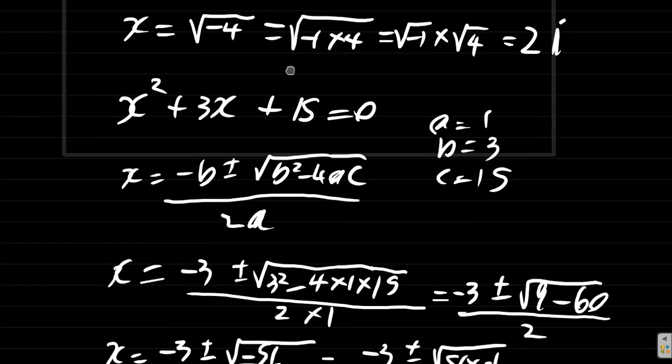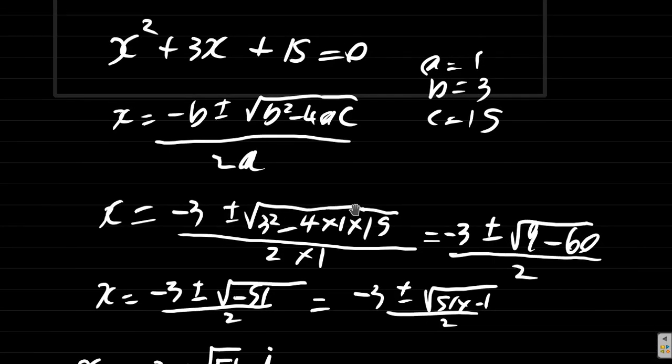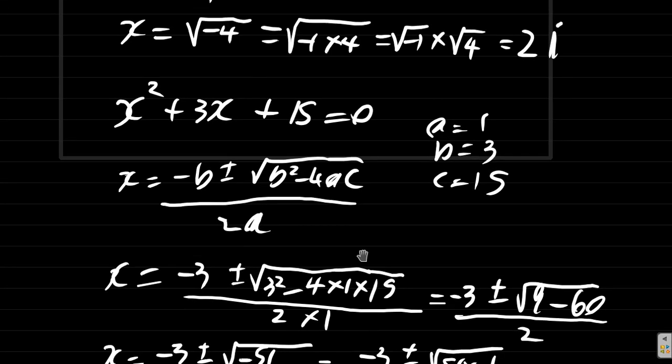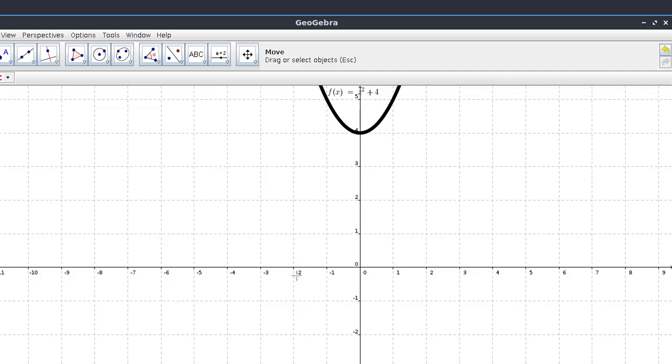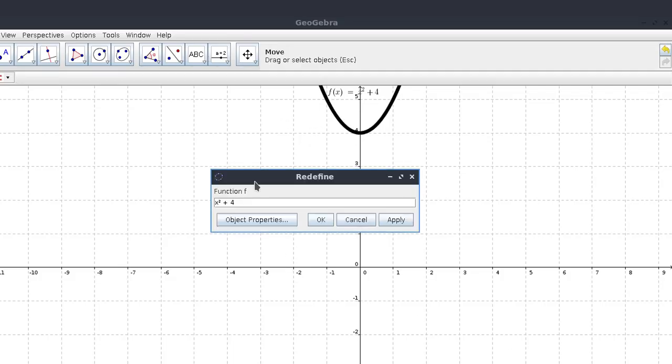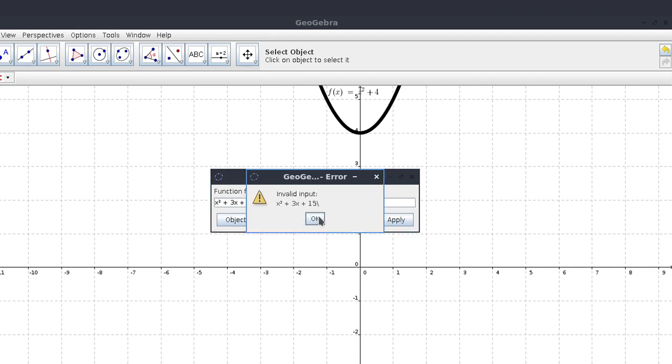But what about this one, which we solved earlier? It is x squared plus 3x plus 15. So let's turn this into x squared plus 3x plus 15. My finger accidentally touched the slash.